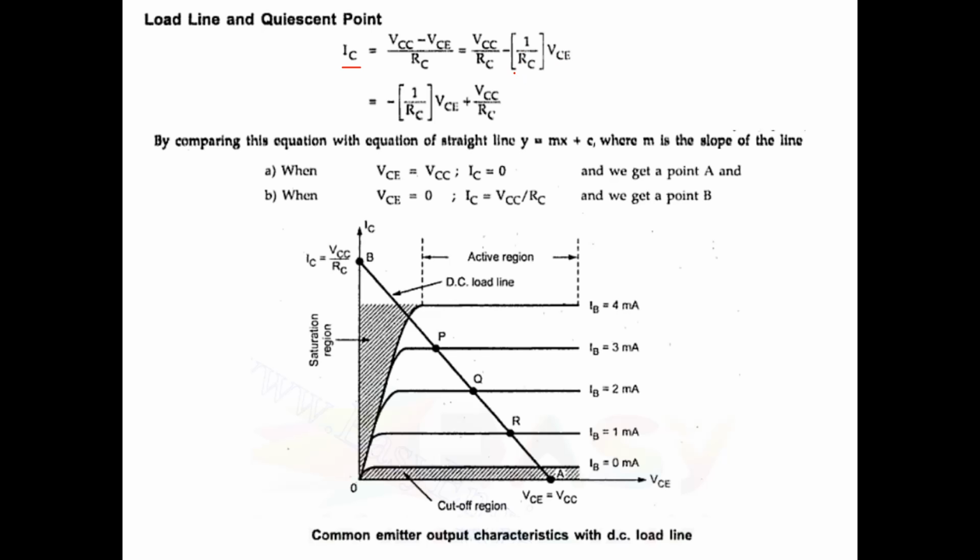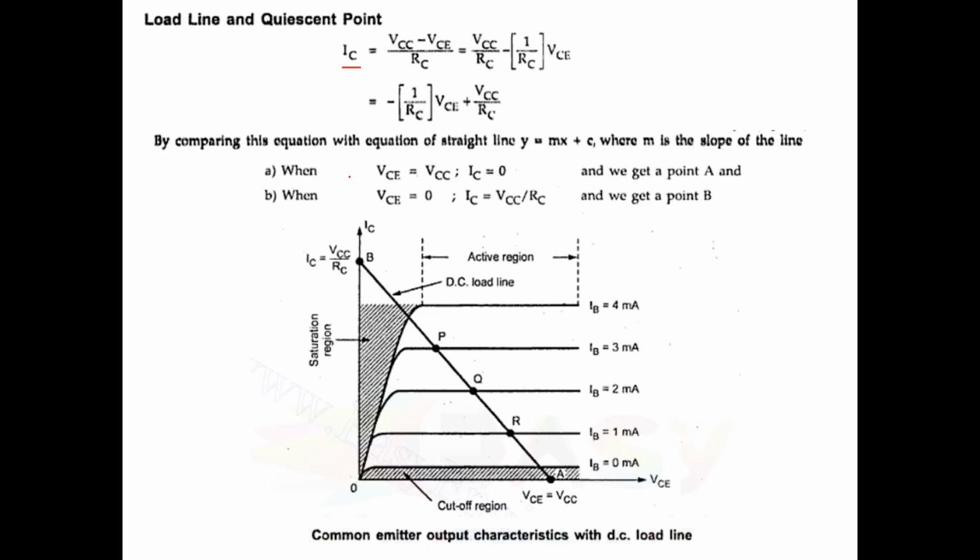Then you can rearrange this equation: minus 1 by RC VCE plus VCC by RC. Now by comparing this equation with the equation of a straight line, y equal to mx plus c, where m is the slope of the line, you should understand what m is here. m is nothing but minus 1 by RC.